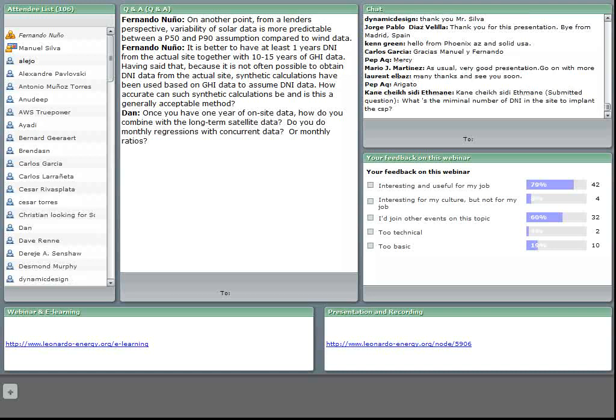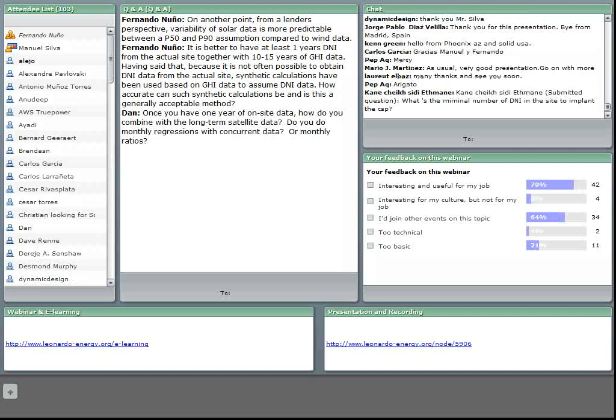So one thing you can do with your measurements during 1 year is to check, if possible, the goodness of the estimates of direct from global for the satellite data. If you only have the long-term estimate for global irradiation, then you can use models based on measurements to estimate the direct and check, if possible, with this data.